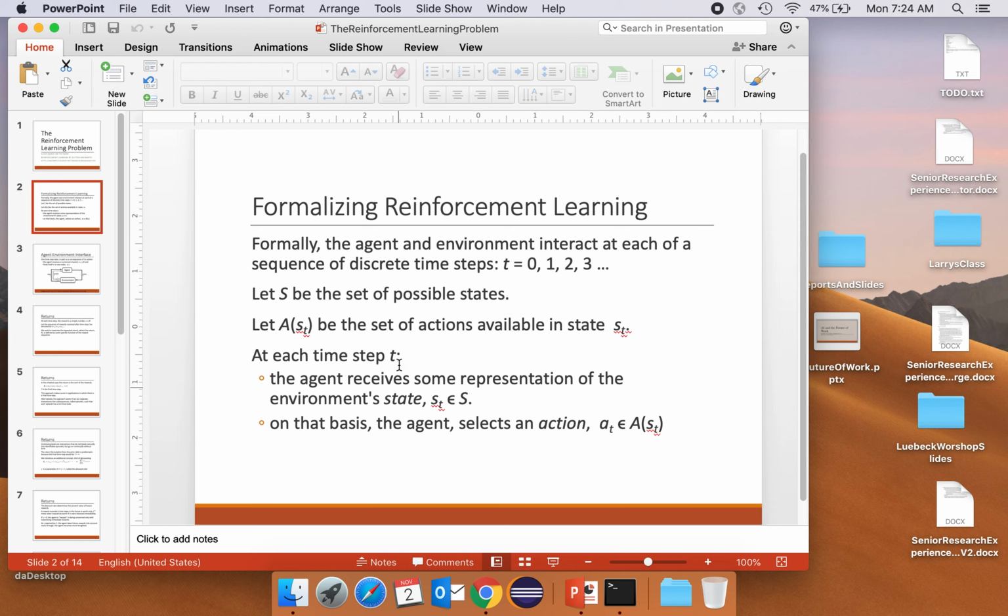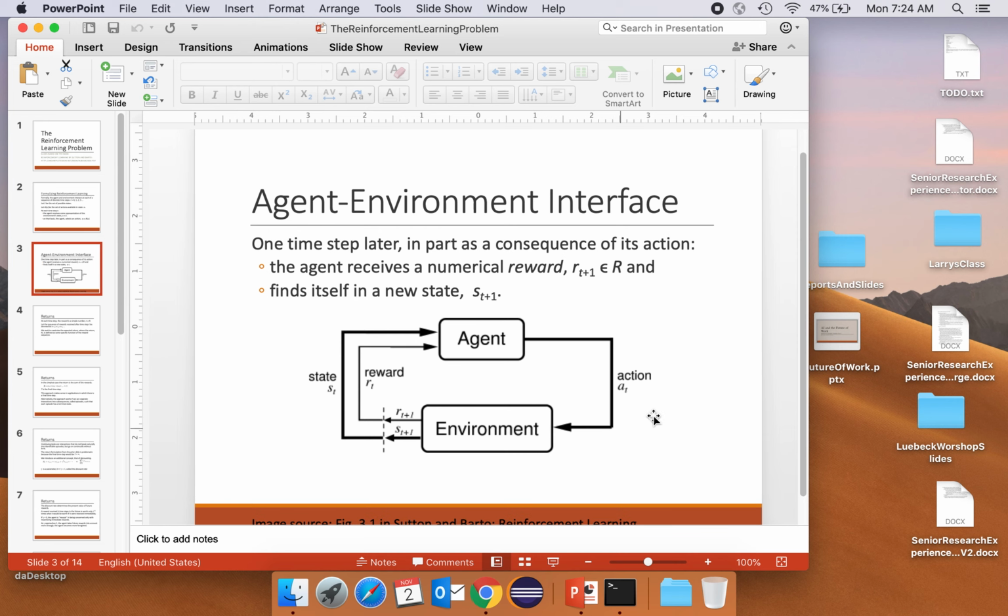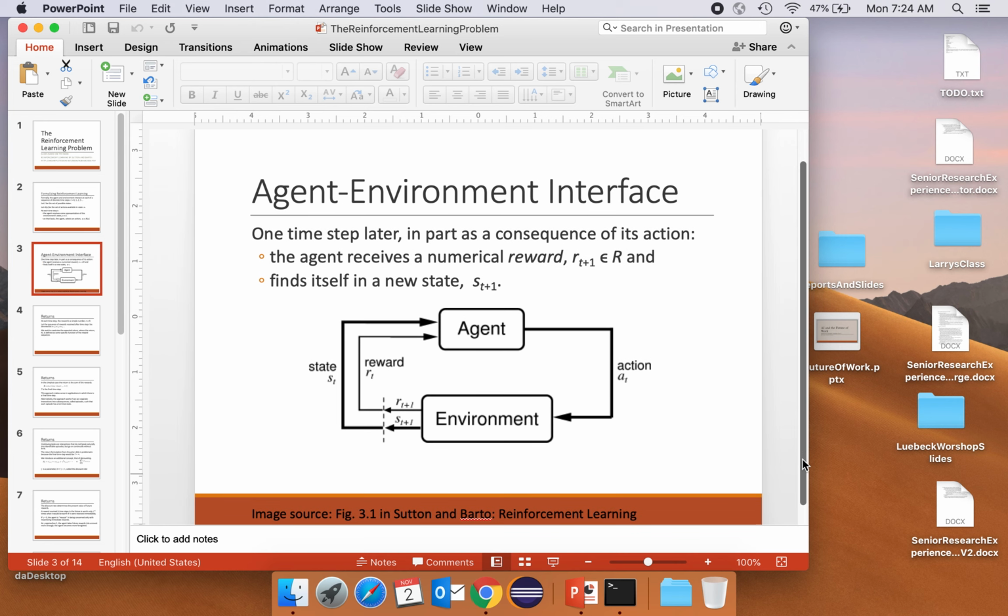So at each time step t, the agent receives some representation of the environment state, s_t, and on that basis, the agent selects an action that is available to it in that state. Diagrammatically speaking, this figure is from Sutton and Barto, figure 3.1. We have an agent, we have an environment. The agent takes an action.